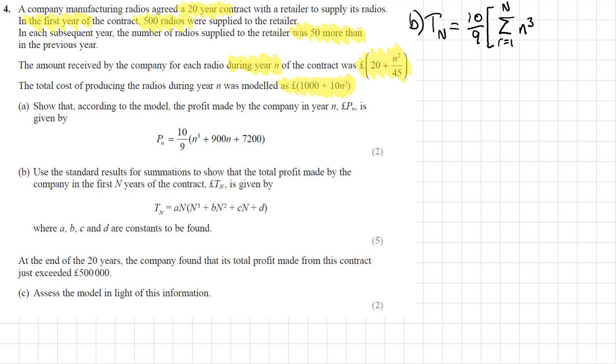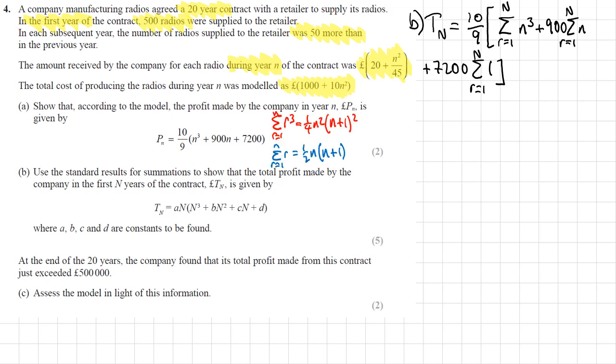So that's going to be plus 900 times the sum of these n's from r equals 1 to n. And then lastly, the 7,200. So plus 7,200 times the sum of 1s from r equals 1 to big N.